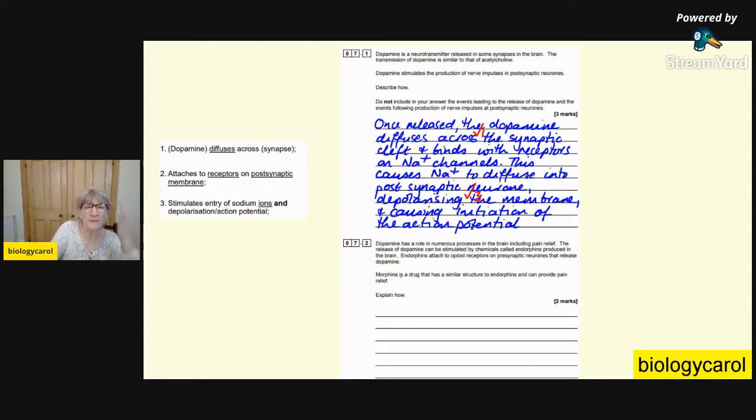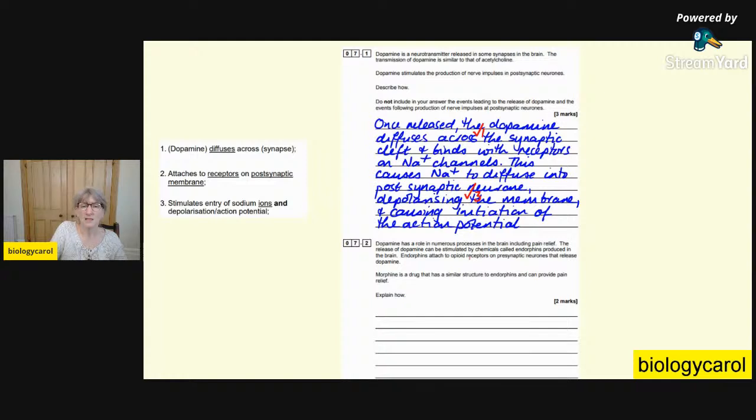Right, here we go. Morphine. Release of dopamine is stimulated by chemicals called endorphins. Endorphins attach to opioid receptors on the presynaptic neuron that release dopamine.